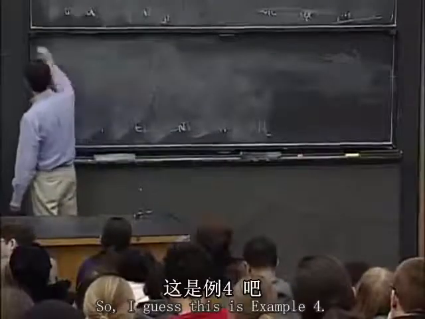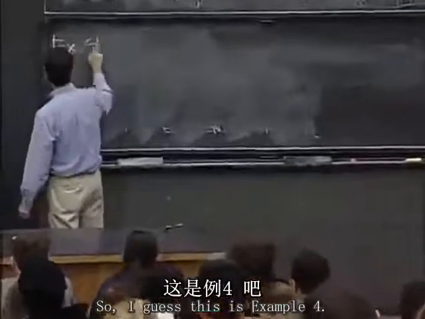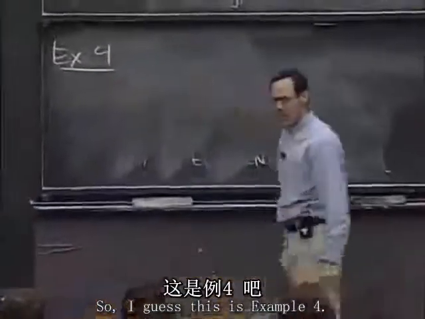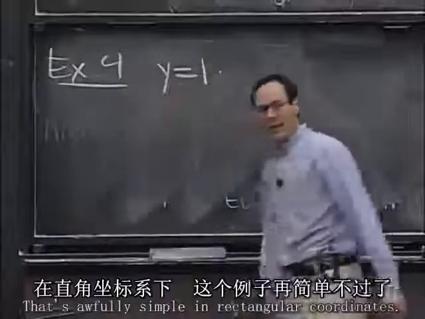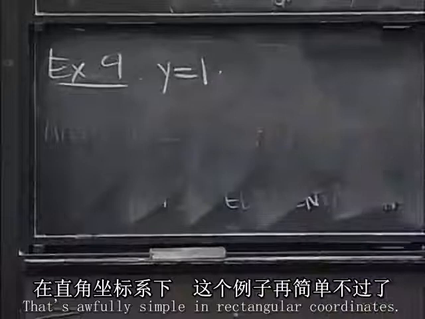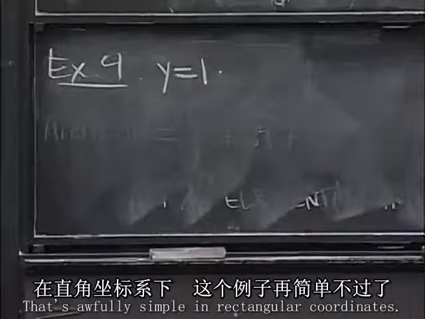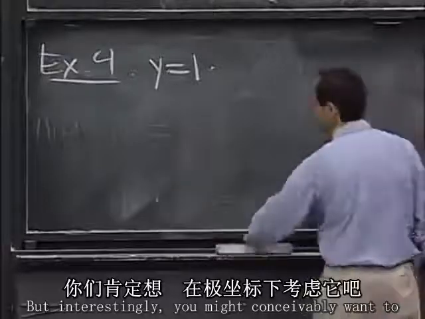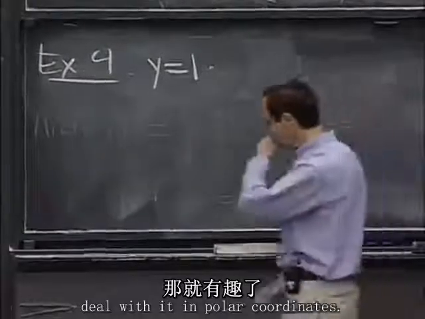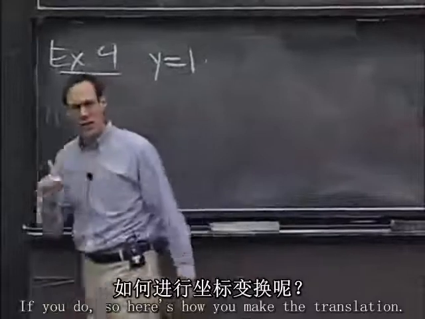So this is example 4. I'm going to take y equals 1. That's awfully simple in rectangular coordinates, but interestingly, you might conceivably want to deal with it in polar coordinates. If you do, here's how you make the translation.